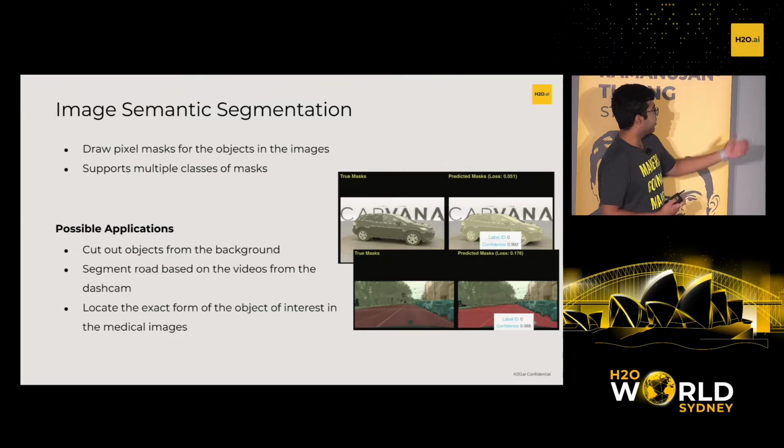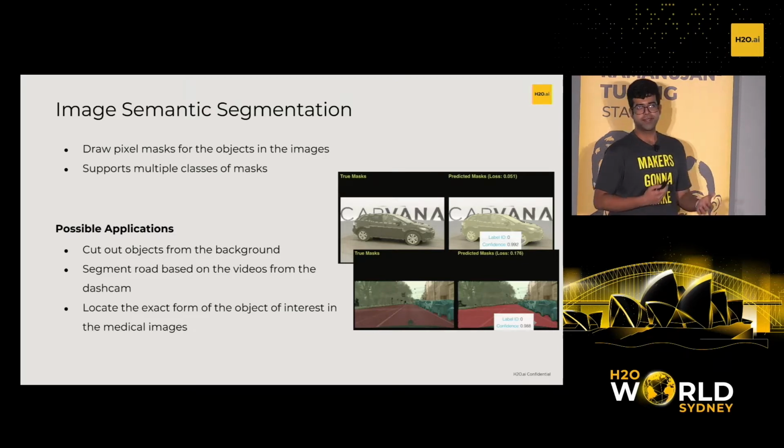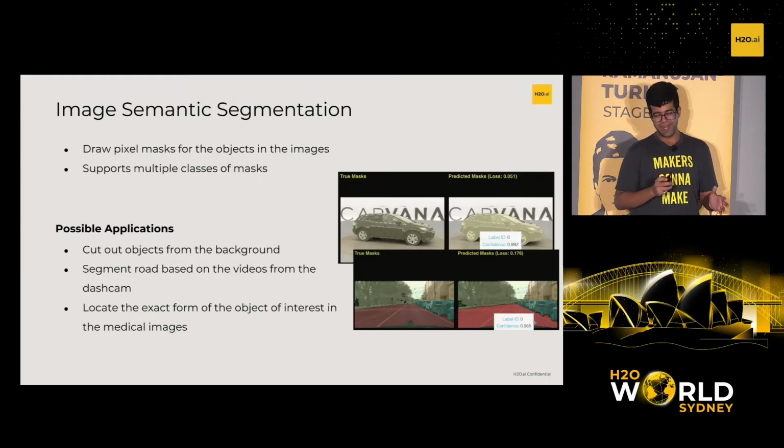So this is an example from one of the Kaggle competitions called Carvana, where you need to cut out objects from the background. If you have the latest iOS update on your phone, it's mildly annoying, but in the gallery you can tap on people and extract that and send that out as stickers. I found that interesting. I don't know about you all. And that is also semantic segmentation running on your phones.